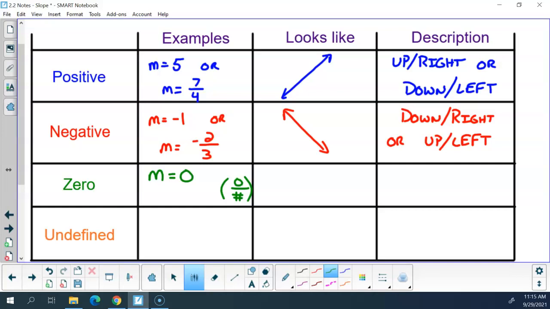So that's why it's just 0 there. So if we think about this in terms of rise over run, okay, we're not rising at all, but we're running a lot. Okay? So when we're not rising, but we're running, that is a horizontal line.